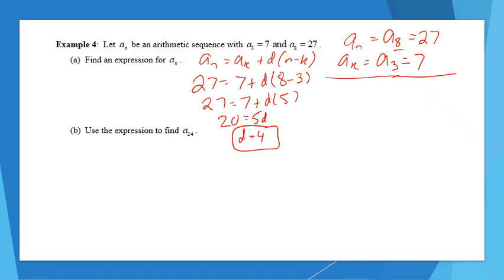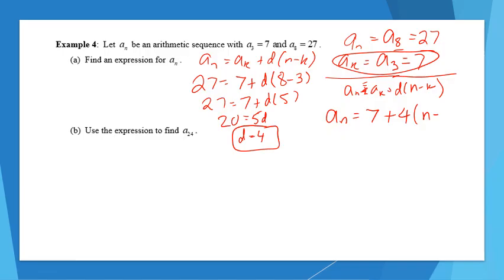We can now plug that in to our general expression. So here a of n equals a of k, we'll just reuse this value, 7 plus our common difference of 4 times n minus k, in which case k is 3. And that is our general expression.